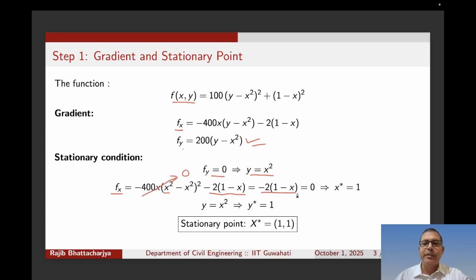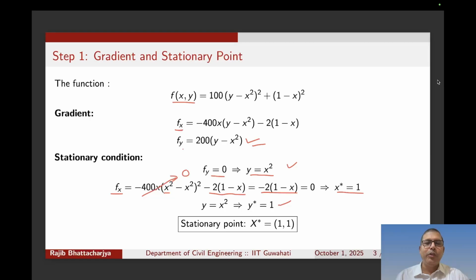If I solve it, I get x star equal to 1. Now put the value of x in this equation, and from here you can obtain that y is equal to 1. That means the stationary point of this particular function is (1, 1).